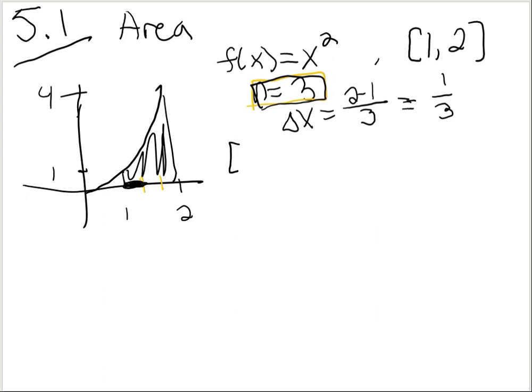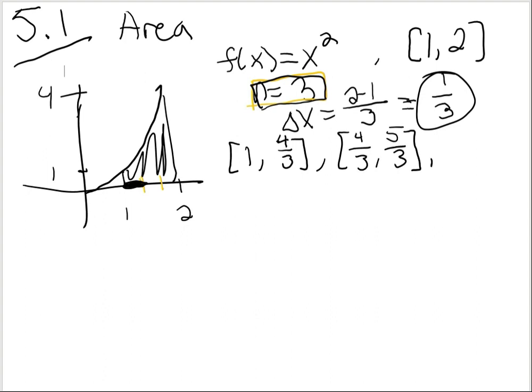This part is from 1 to 4/3, right? Because I want it to have a length of 1/3. And then 4/3 to 5/3. I'm just adding 1/3 each time. 5/3 to 2. Okay. So that gives me these intervals that I'm going to be looking at for creating these rectangles.